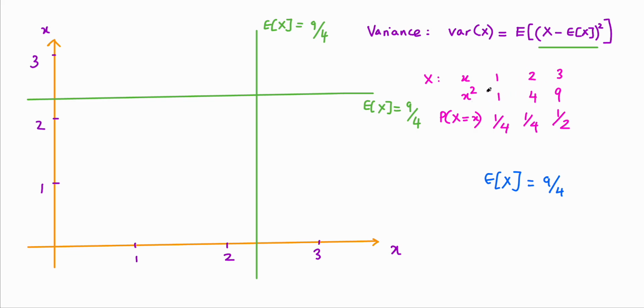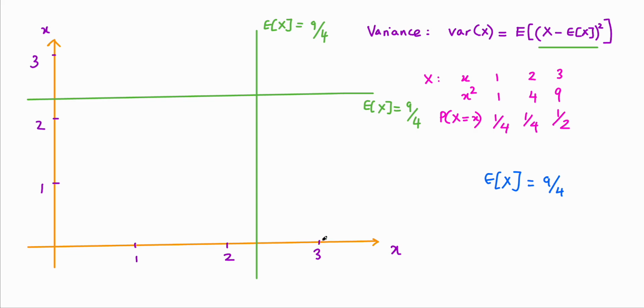And when you cube something, it's like saying the volume of a cube of side 2 is 8. So that's where the words squared and cube came from, which I had completely not realized for so long. But coming back to the point, x minus the expected value of x, let's say 3 minus the expected value is this distance, and when you square it, you are actually finding the area of a square, right?